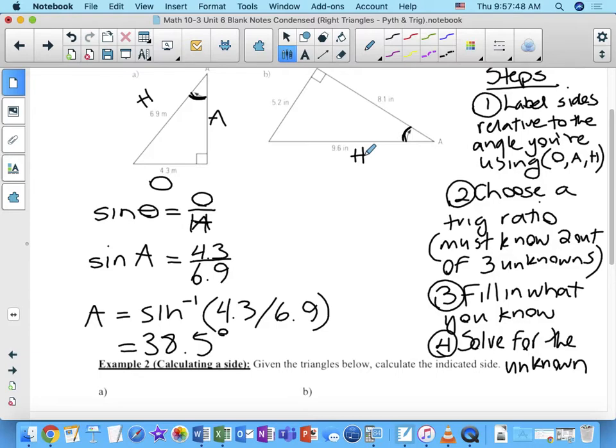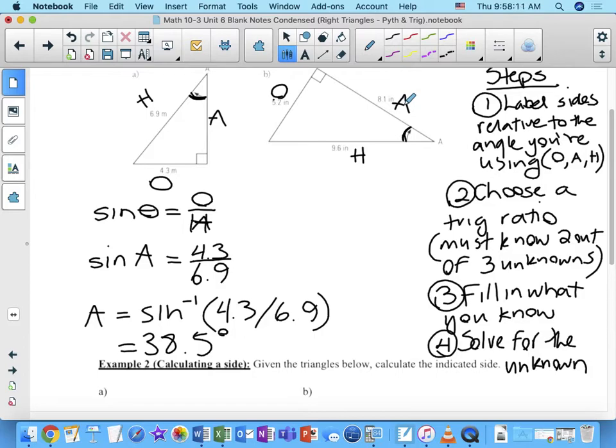It's not that easy to see. It's a bit fuzzy. Okay, which side is the opposite side? Here's the angle. Let's go across from the angle. 5.2. Which side is the adjacent side? Okay. Which sides do we know here?